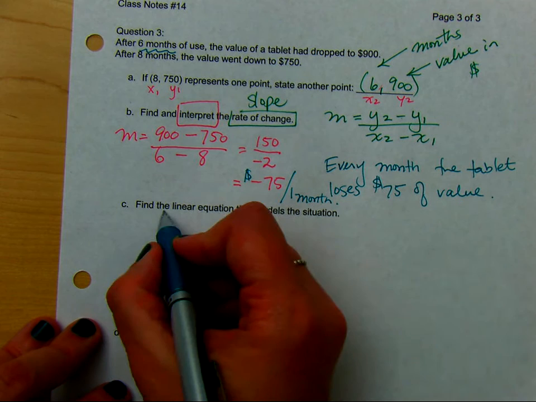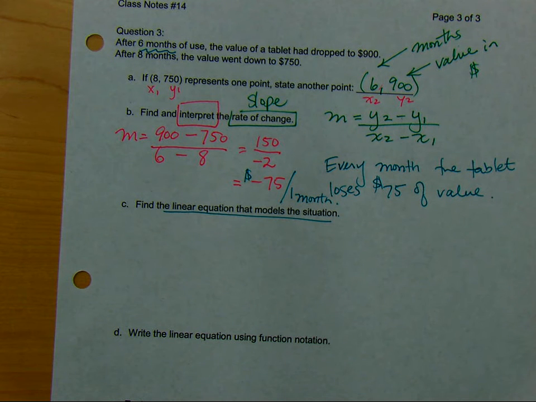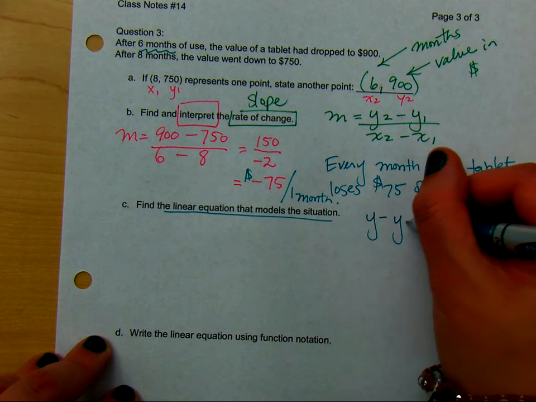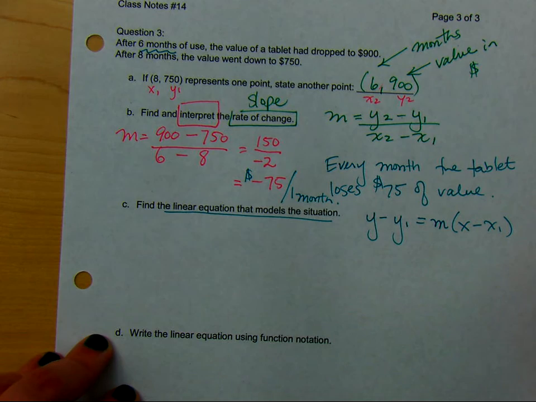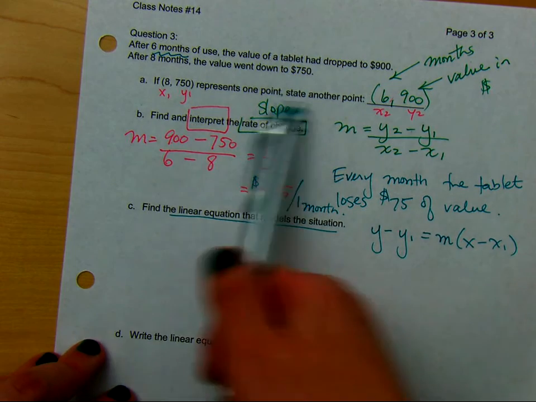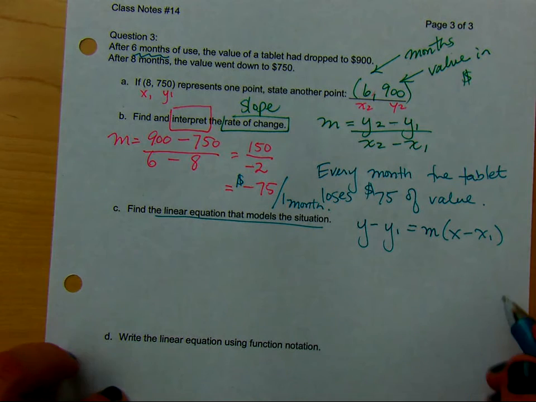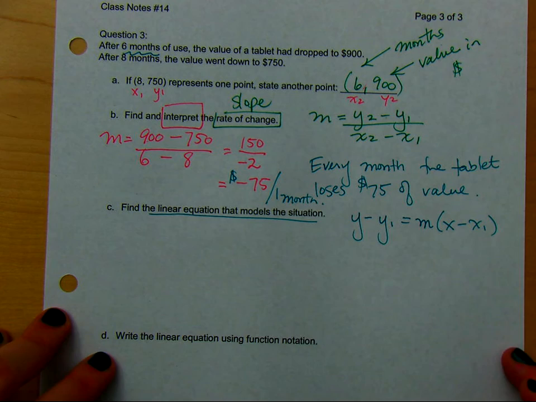Find the linear equation that models the situation. That's going to be find the equation of the line, right? Why would I use point slope form? Why can't I use just slope intercept form? Exactly. I don't know the y-intercept because neither one of these points are the y-intercept, since the x's are not 0. And y-intercept, by the way, is the same as vertical intercept. You've seen that in some of your activities and some of you are confused about that.